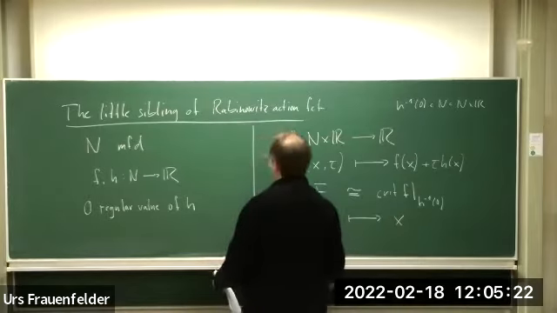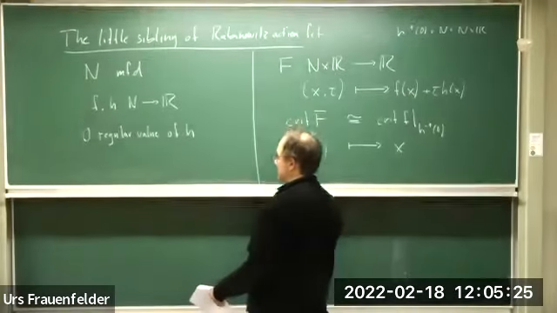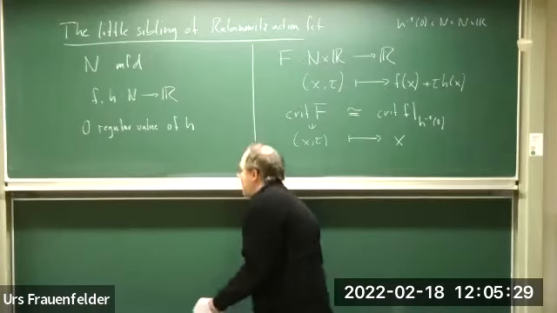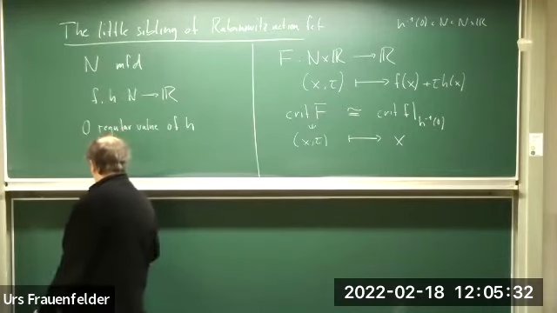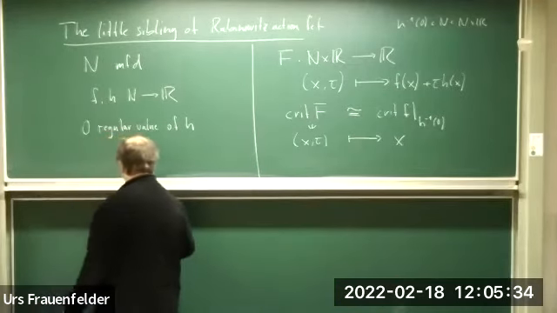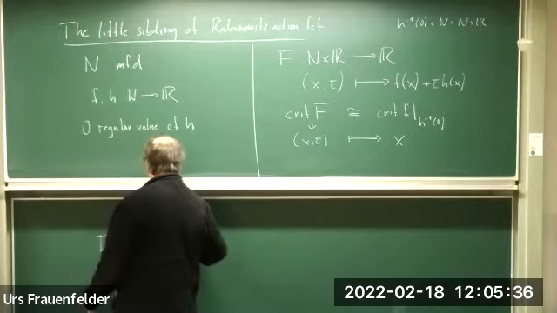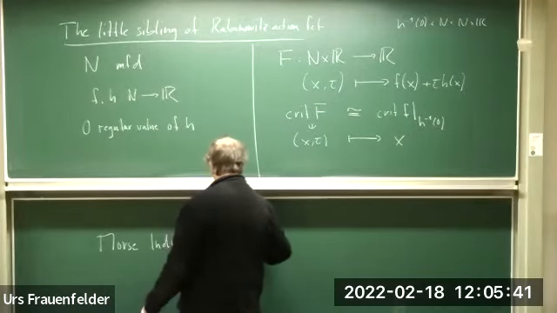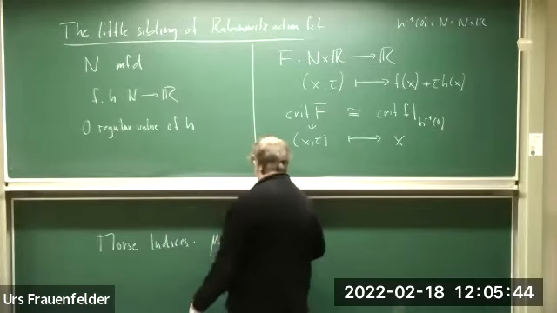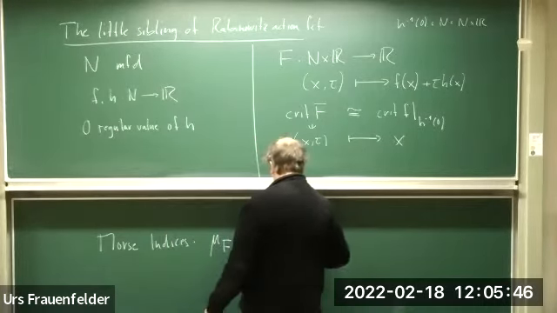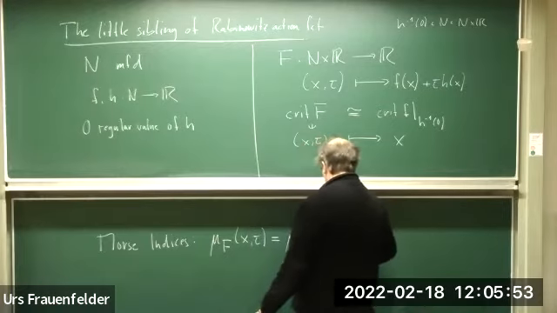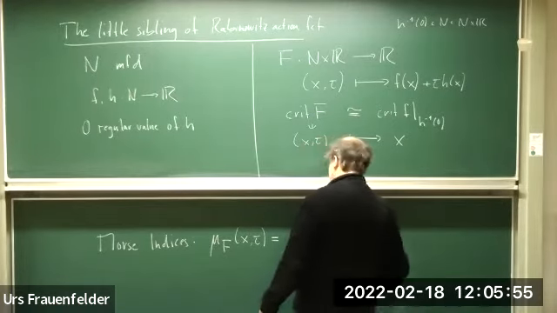So for the Morse indices, the Morse index of F at (x, tau) is just one more than the Morse index of f restricted to h inverse of 0 at x.